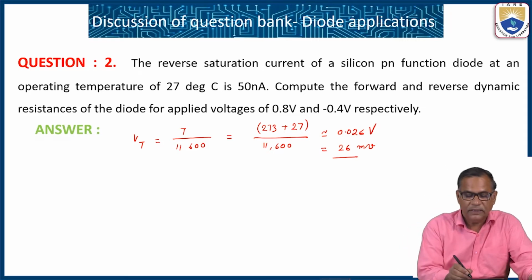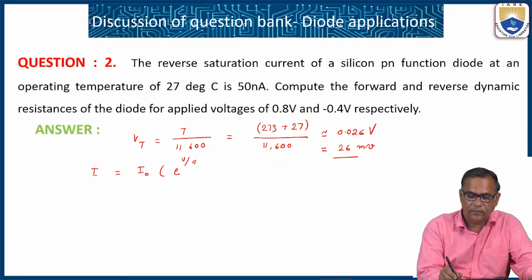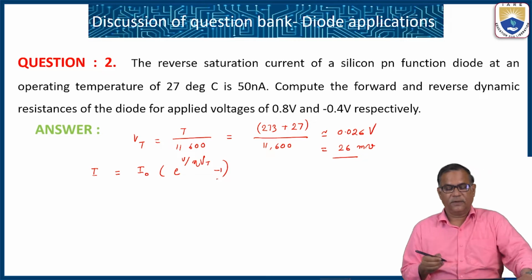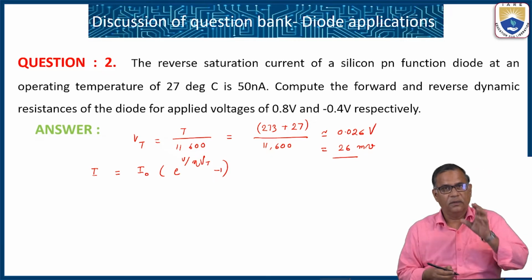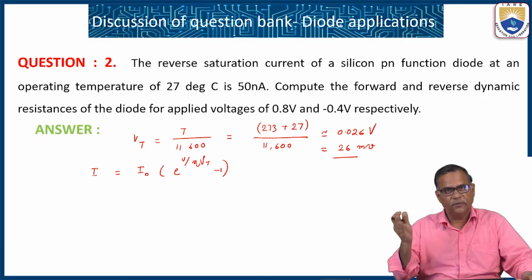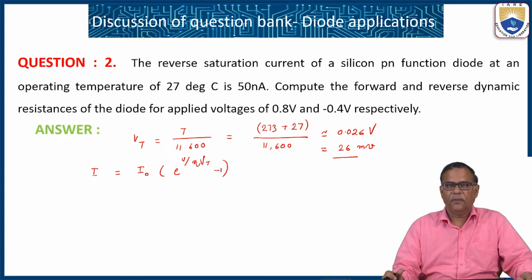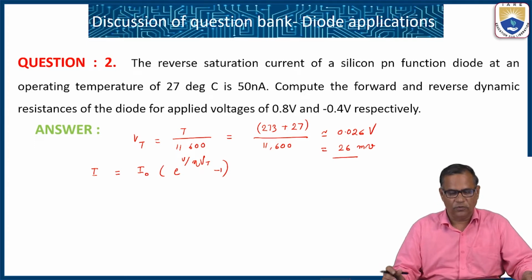Now I is the diode current, which is given by the diode equation, I naught into e power V by eta Vt minus 1. Now let us first calculate the diode current for 0.8 volts. Then we will calculate the diode current for minus 0.4 volts.